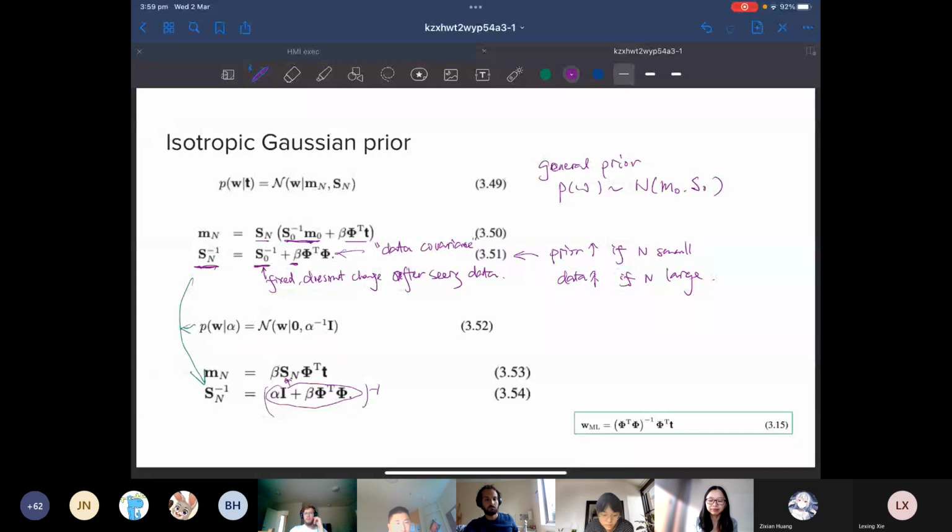So, if we do this one, I think I copied not the best equation here. The best one is the regularized one. Basically, the second term in here is essentially the normal equation, the unregularized normal equation for the maximum likelihood. The mean of the posterior for weights goes back to the normal equation.